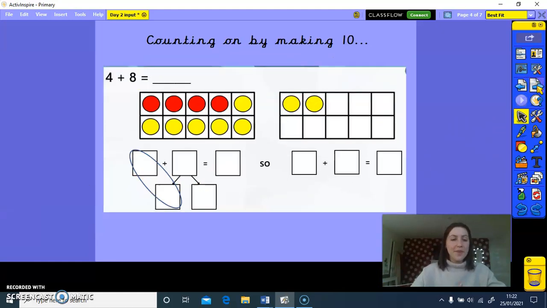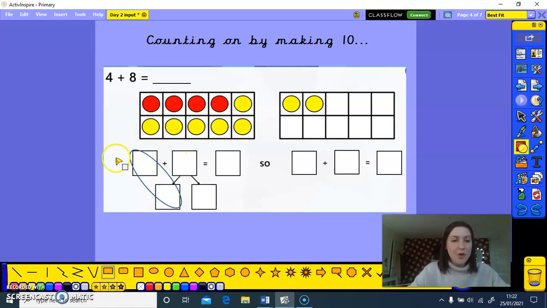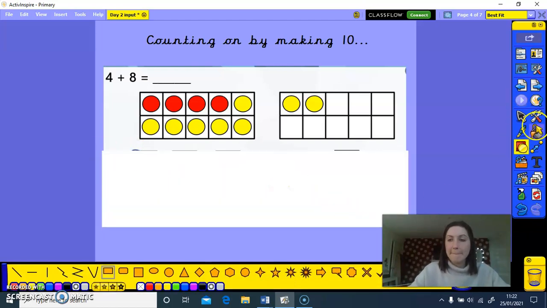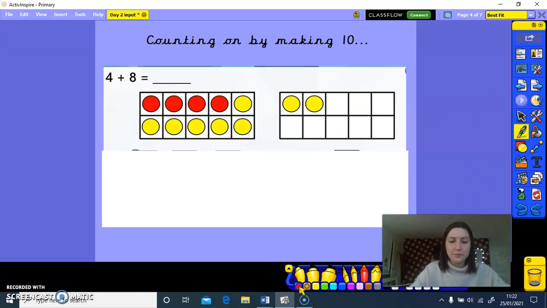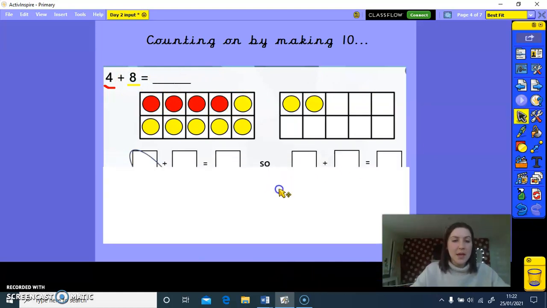Okay, let's do one more together, and then I will explain your activity today. So, my gorgeous ones, you have got this time 4 represented by the 4 red counters, and you have got 8 represented by the 8 yellow counters. So now let's put this down here.